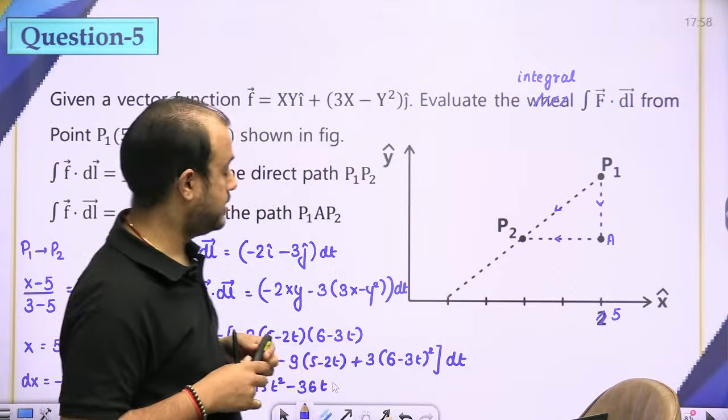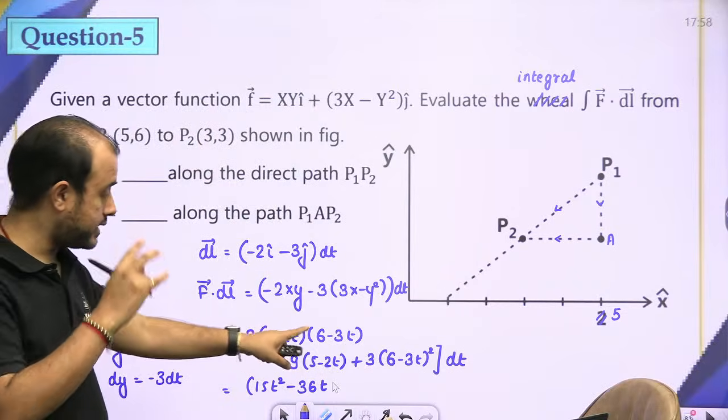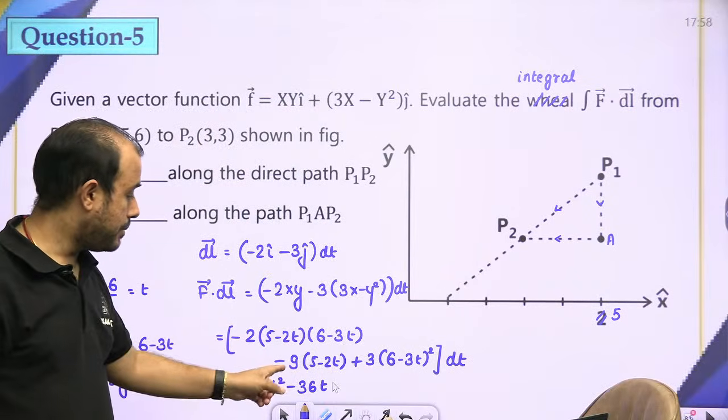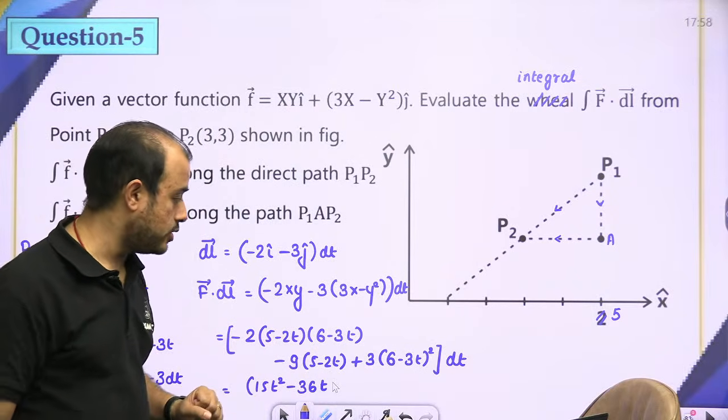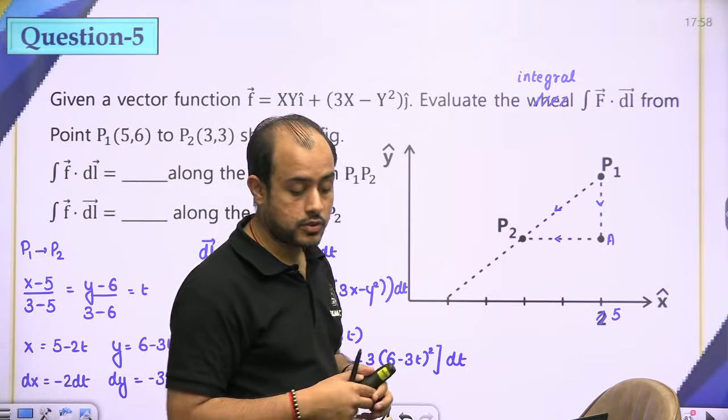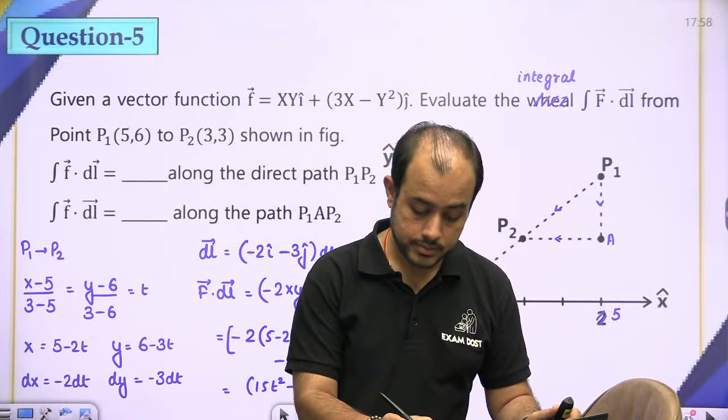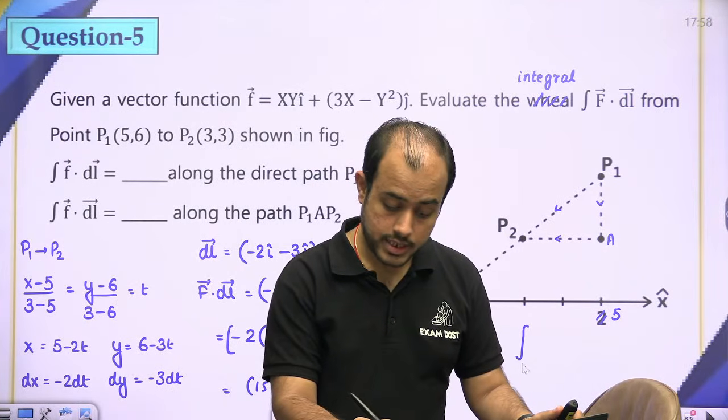Minus 30 60, then constant 5 into 6 30 minus 60, minus 60 minus 45, 105, 105 minus 105 plus 108. Now t will vary from 0 to 1.